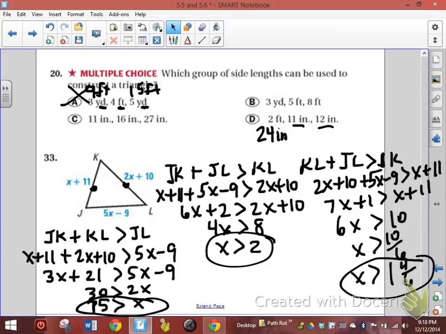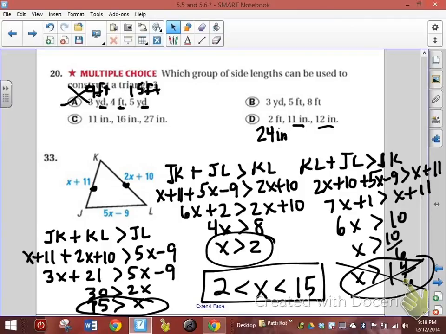So there's our third possible one. And remember, the rule is your final answer is one of these inequalities, and you cross off the smallest number, which would be that 1 and 4 sixths. So we'll cross that one and not use it. So we'll put the 15 at the high number and the 2 at the low number, and that's our answer.